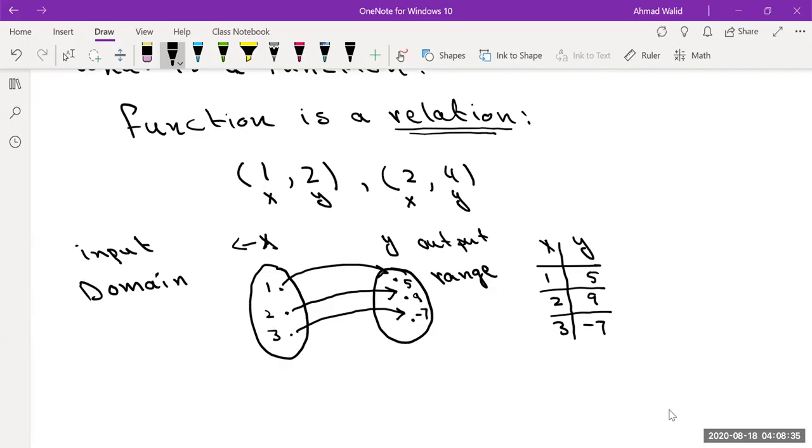Correct? That's the meaning of the domain. When I use it for the definition of a function, a function is a relation. Which kind of relation? One where every single value in the domain has only and only one element in the range, or in Y.